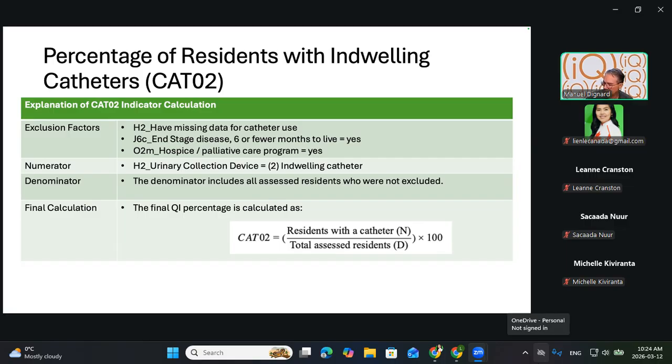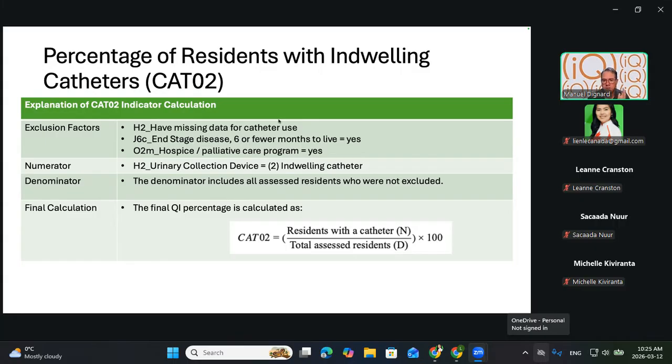So let's look at the calculation. We start with, and almost all of them have exclusion factors. So we looked at general exclusion factors previously, right? If the assessment is done within the first 92 days, we're not even looking at this assessment.